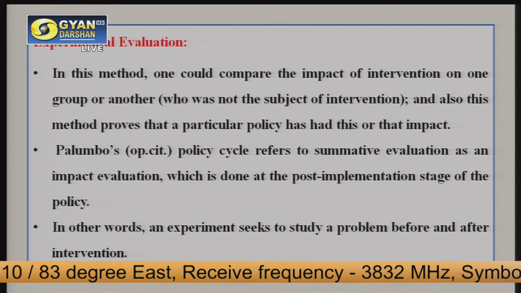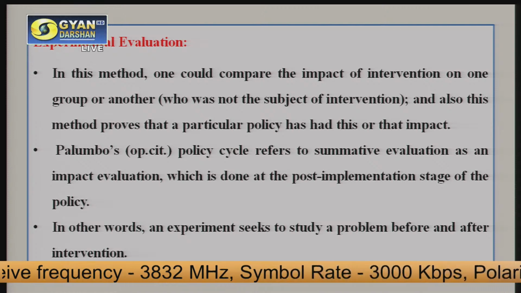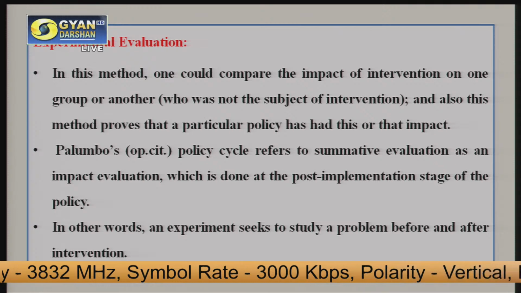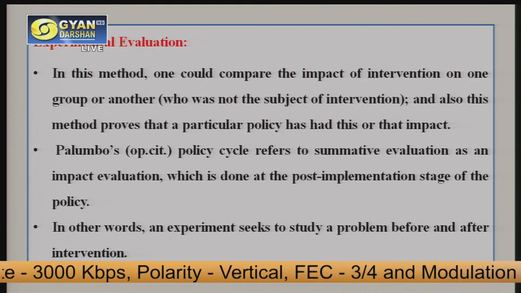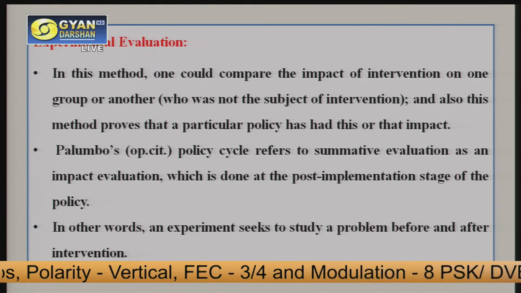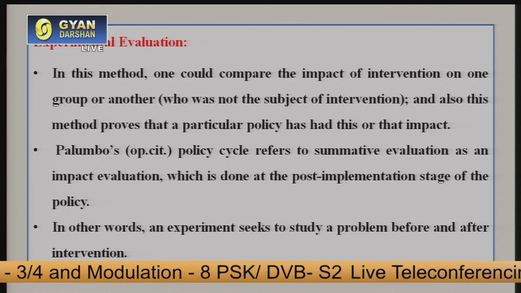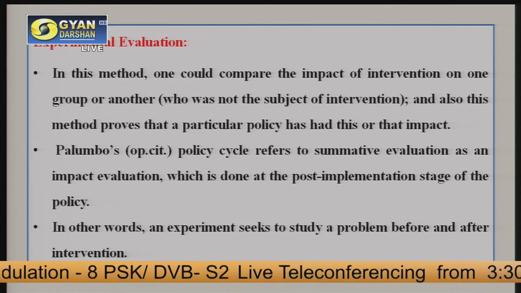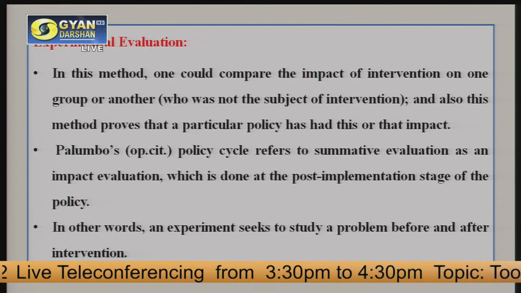Evaluation seeks an estimate of the net and the gross effects of intervention. It is a kind of comparative mode of inquiry, comparing before and after intervention. Okay, in this method, one could compare the impact of intervention on one group and another group, and it also shows whether a particular policy has had this kind of impact.